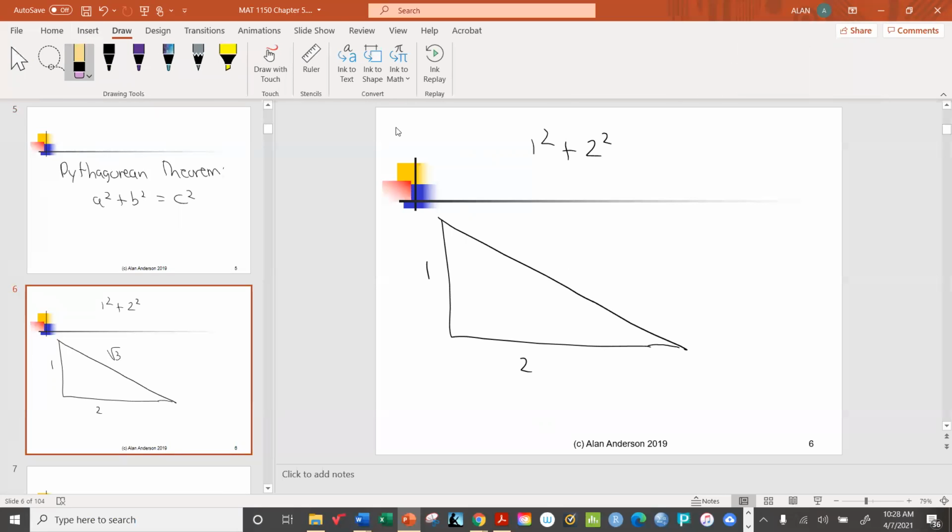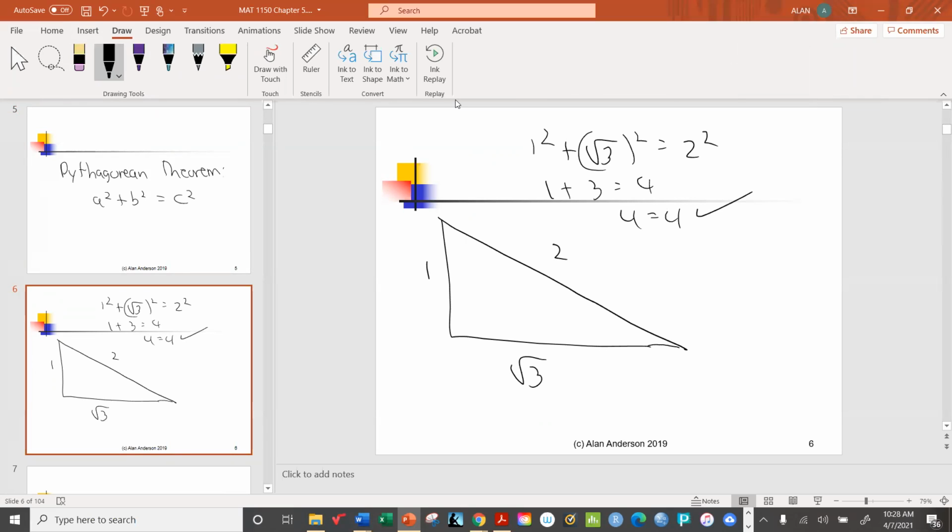It's been a while. Yeah, it would have had to be this way. There we go. So we would call that a 1, 2, radical 3 right triangle.